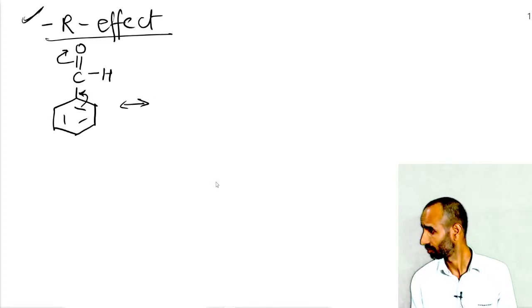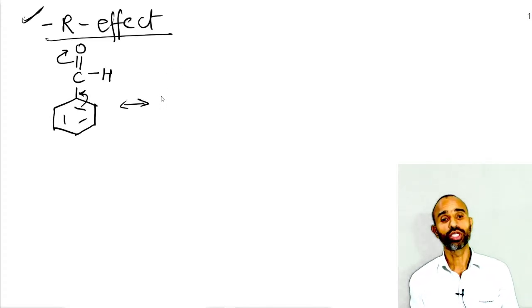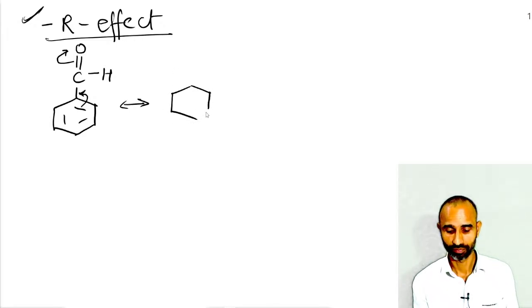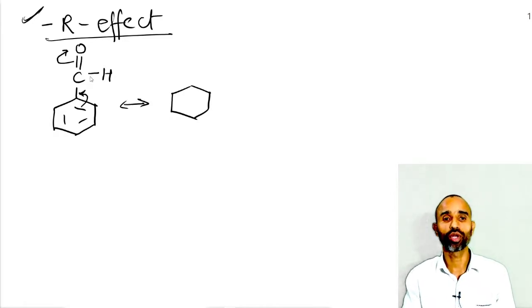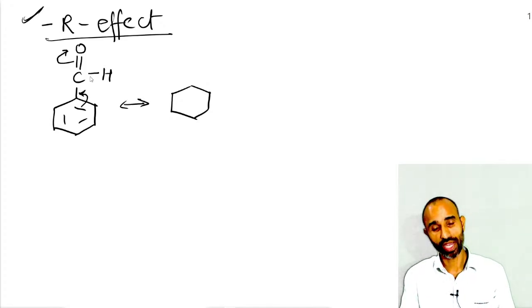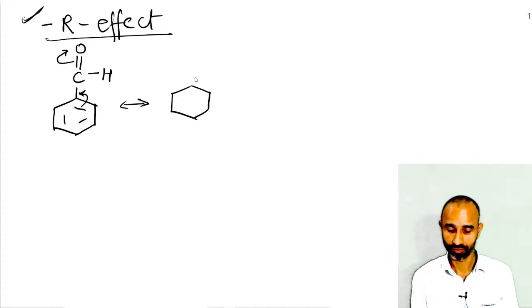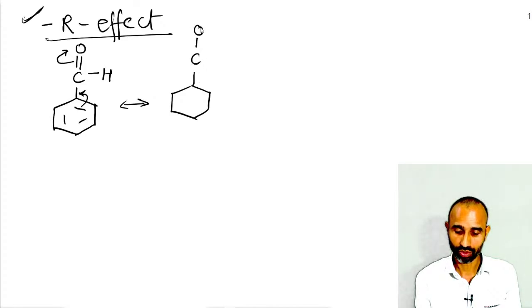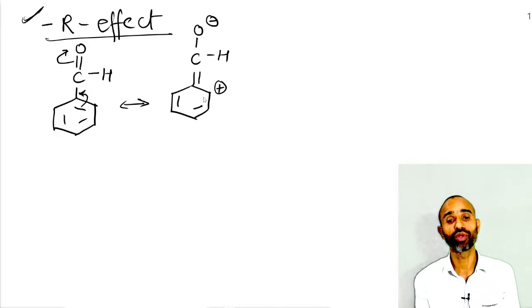So take the C=O pi bond. Obviously oxygen is more electronegative than carbon. So the pi electrons shift towards oxygen, and therefore oxygen gets a negative charge, and at the same time the carbon pi bond shifts like this, and at the ortho position we get a positive charge.